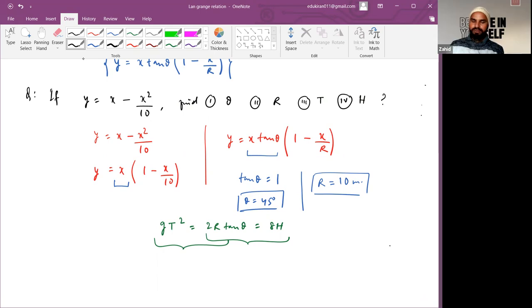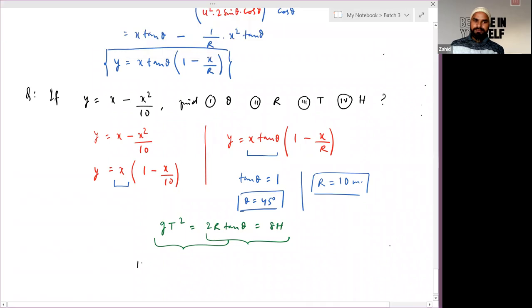If you relate the first two terms, as g is 10, t square, we have to calculate 2 times r, which is 10, and tan theta for 45 degrees is 1. So 10 and 10 will cancel out. So t will be just root 2 seconds.